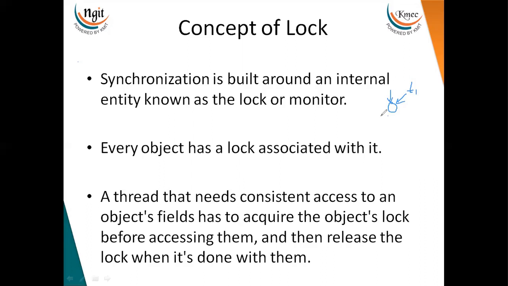This is how, by applying the lock mechanism, we make that particular resource synchronized. You can do this by making a method synchronized, or a block synchronized, or using static synchronization. Now we will see the example for this synchronization.